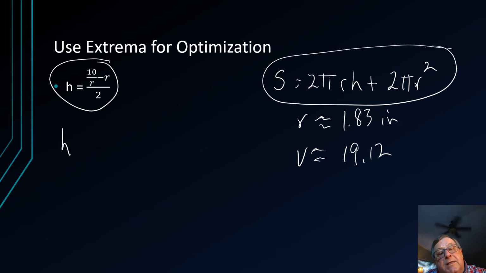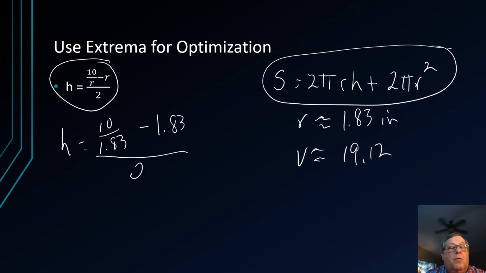So we're going to say h then is equal to 10 over 1.83 minus 1.83, and all that's divided by 2 or multiplied by 1/2 as the case may be. All right, so let's see.